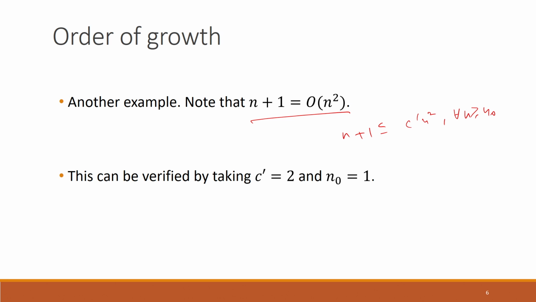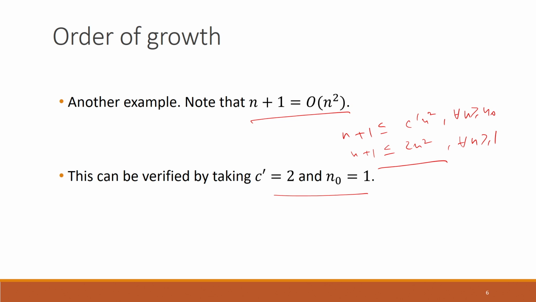We are given that one set of values is c dash equal to 2 and n naught equal to 1. So, let us check it here. n plus 1 is less than or equal to 2n square for all n greater than or equal to 1. So, this is true. Therefore, these values, c dash equal to 2 and n naught equal to 1, are correct.